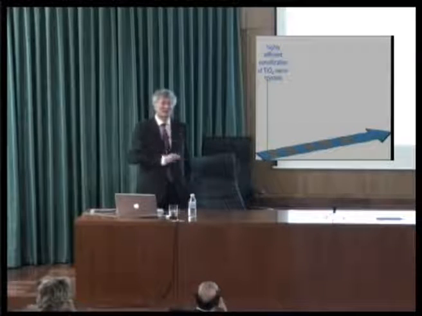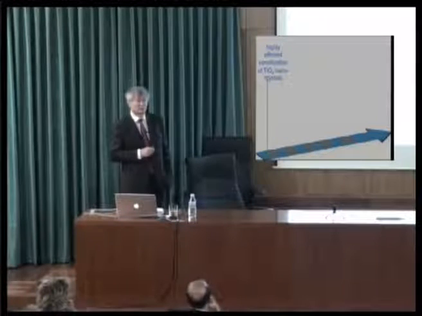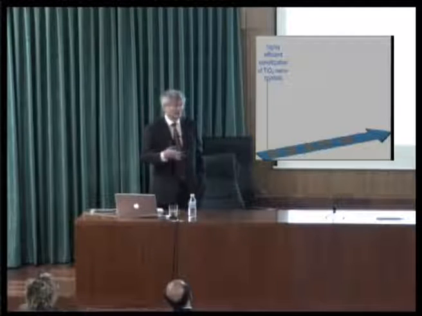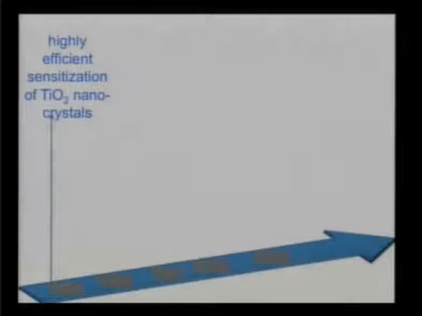Now, who did discover the quantum size effect? Well, a lot of people think that this is Louis Brus. Recently, I was a judge for a very prestigious international prize. And somebody said, don't you agree that Louis Brus discovered it? I said, well, to be honest, I first thought I was it, but it's not true.